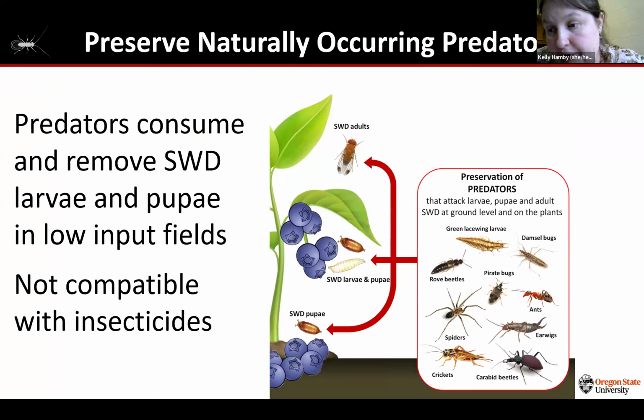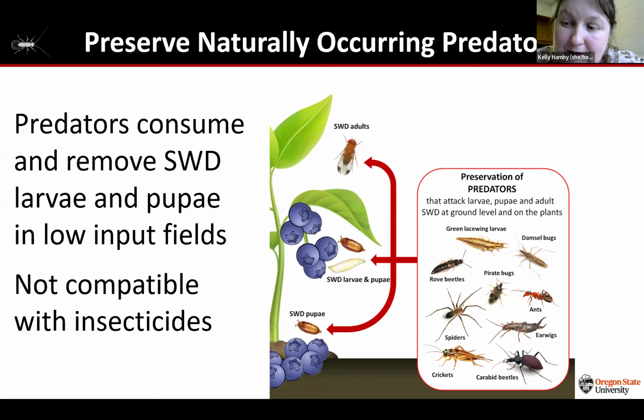We know there are a lot of predators and beneficial organisms out there eating spotted-wing Drosophila. These vary from arthropods like carabid ground beetles, rove beetles, earwigs, ants, to also, there are people looking at hummingbirds that are eating spotted-wing Drosophila. So there are a number of predators that do eat them, and they especially seem to be eating and removing the pupae.